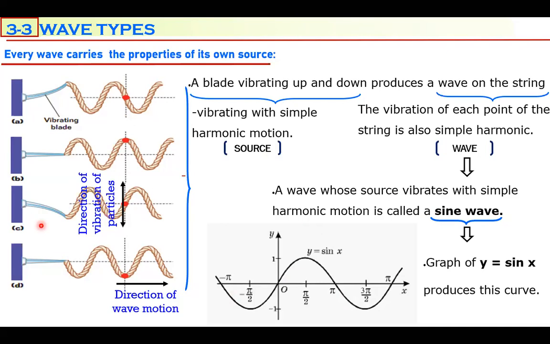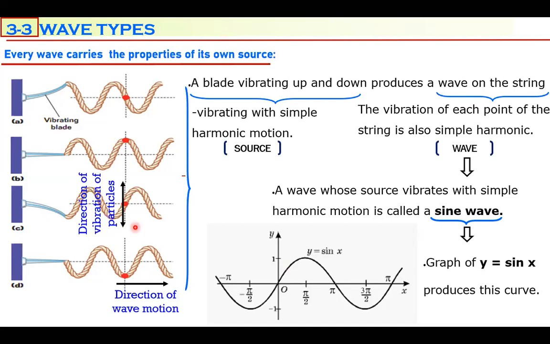This is a sine wave. If you check this too, you will see that their shapes are the same, or they have the same figure. So that's why we say that if a source of a wave vibrates with simple harmonic motion, that wave will have a sine graph. It is called a sine wave.